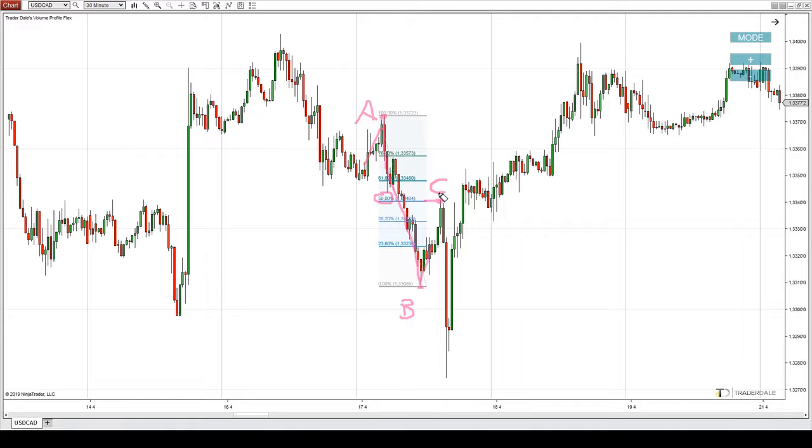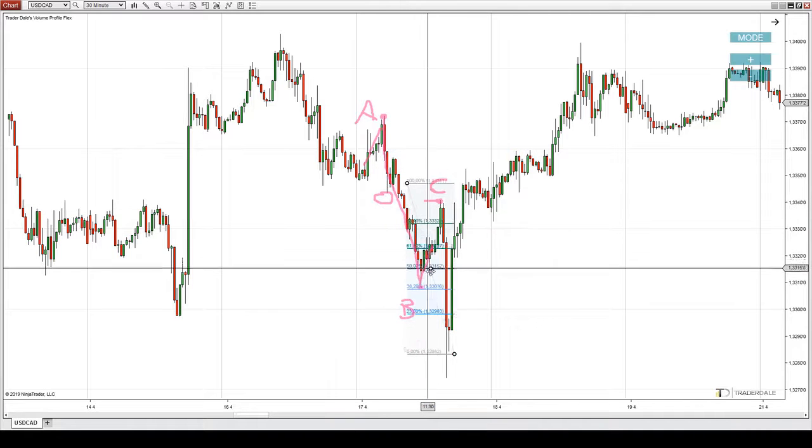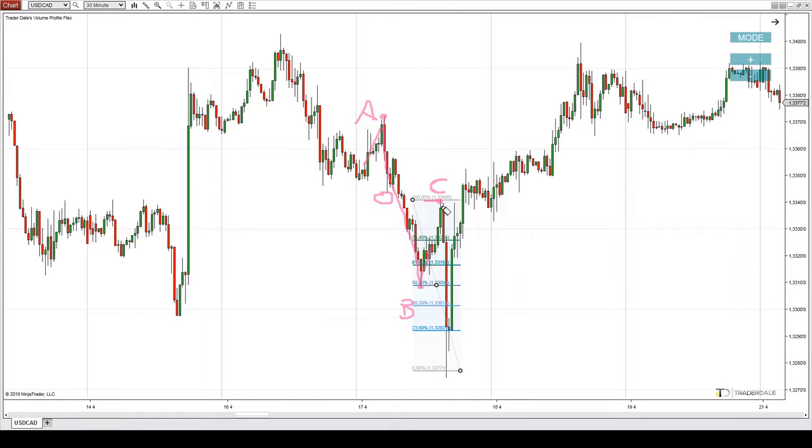So this is the point C, and what you do is you grab the Fibonacci tool and you move it so it begins at the point C, like this. So from B to C and from C to D, this is the D, and from here you go long. All right, A, B, C, D, and from this point you go long.